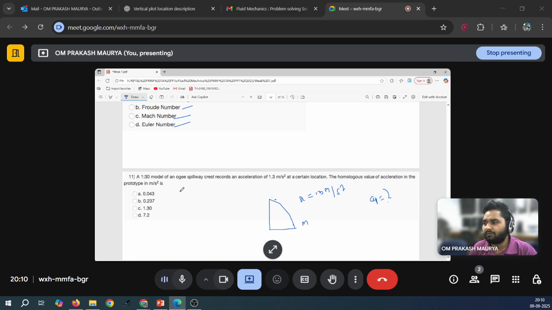So you know already what acceleration is. First we need to find the relation between them. You have here 1 is to 30, which means you have the length scale LP by LM, 1 is to 30.